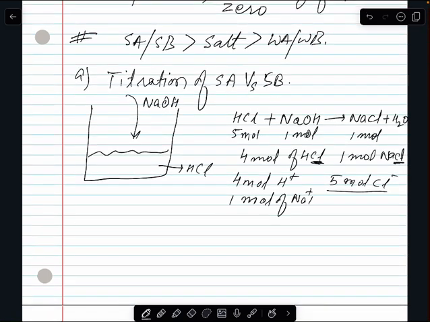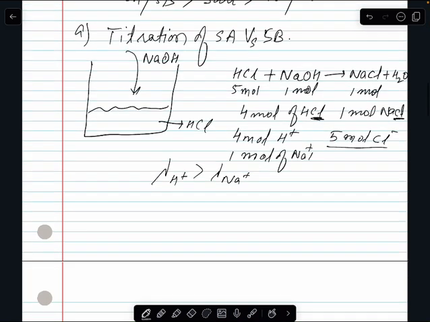Now as I certainly know that the conductivity of H plus is greater than the conductivity of Na plus. Now if I remove 1 mole of H plus ion and introduce 1 mole of Na plus ion, certainly there will be a decrease in the conductivity of the solution.